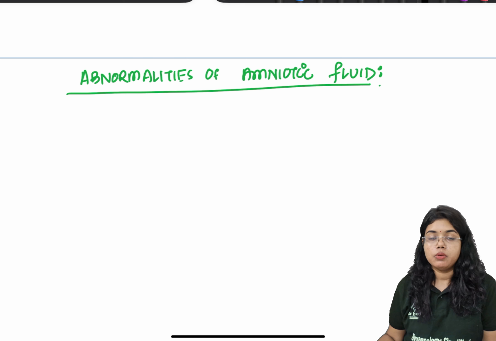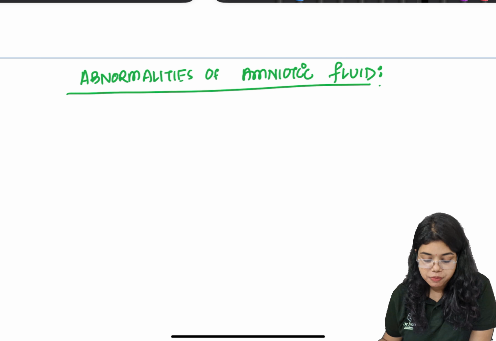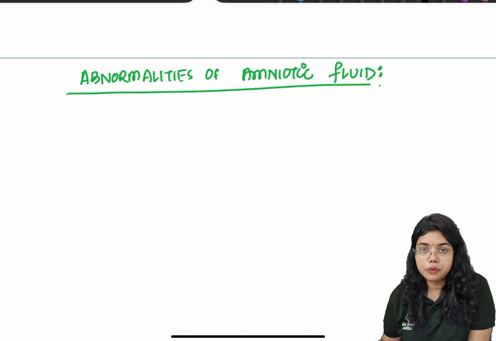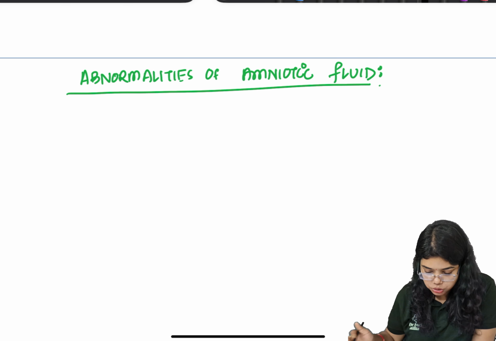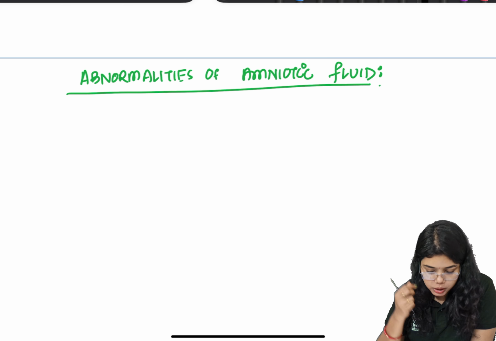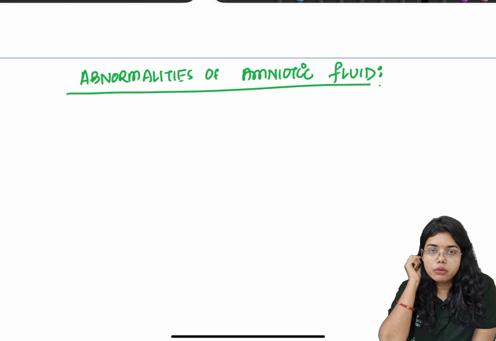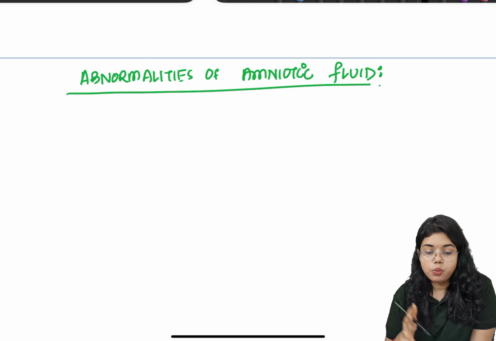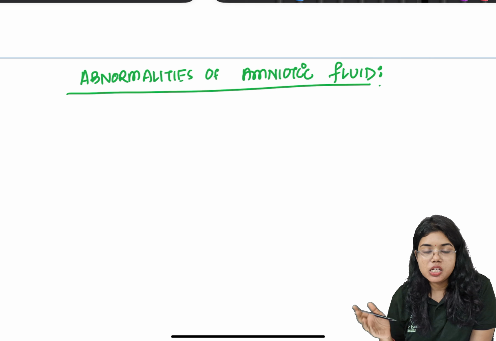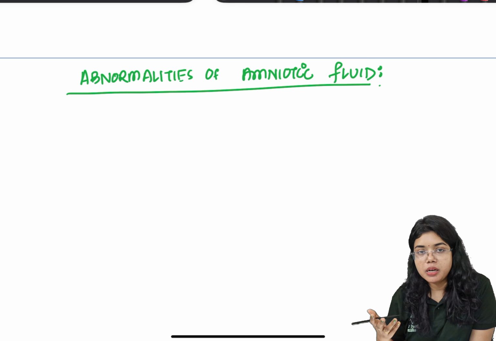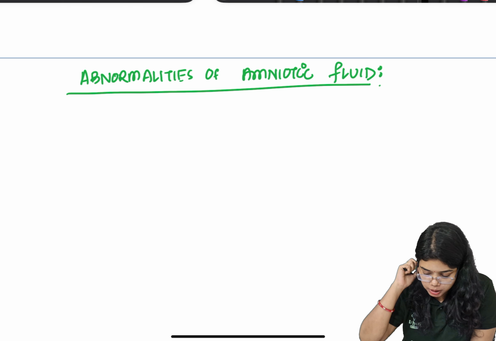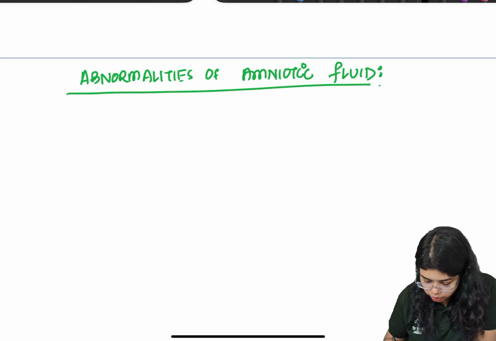We will learn what is the definition of oligohydramnios, what are the complications of oligohydramnios, what are the causes of oligo, and how to manage. Complications is very important, so that we can know at what gestational age, in case of oligohydramnios, how will we manage the patient in the pregnancy. So the abnormalities of the amniotic fluid, first is oligohydramnios.